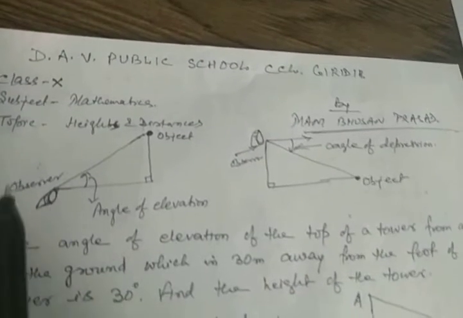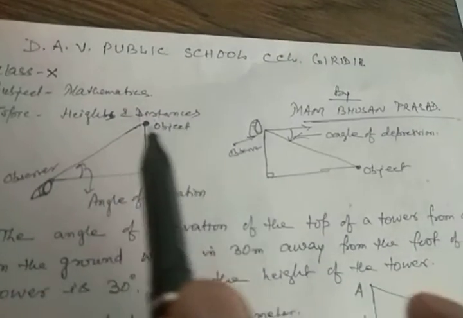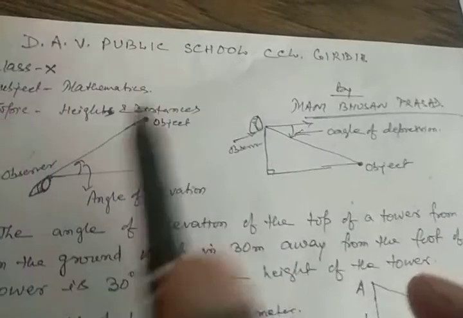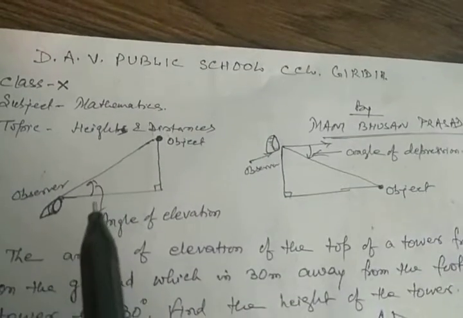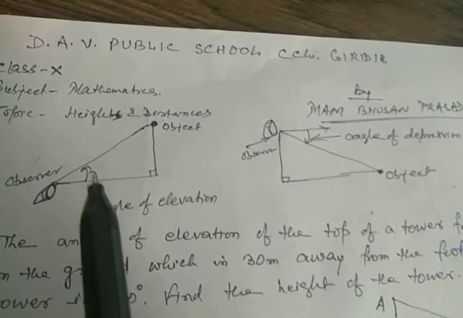When the observer is here and the object is here, I mean when the object is just above the observer, in that case the angle formed to see that object is known as angle of elevation.